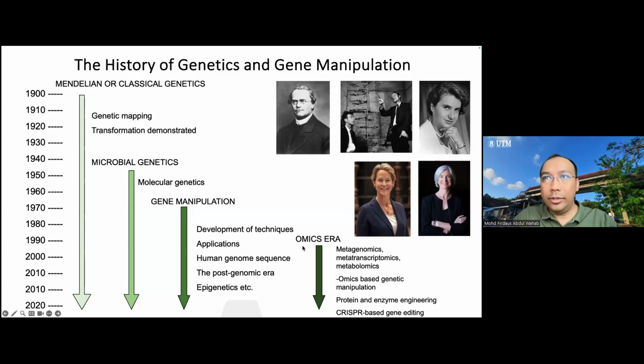And now the most interesting era in this field, I would say, is the omics era. We have different omics tools like metagenomics, metatranscriptomics, or metabolomics that can guide genetic manipulation in the field of protein and enzyme engineering.